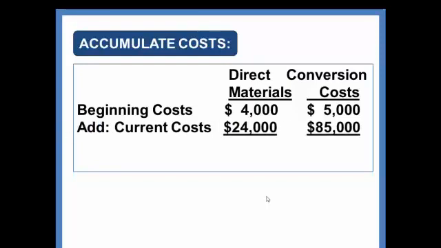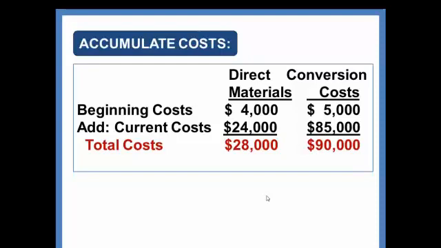We added $24,000 of direct materials, $34,000 of direct labor, and $51,000 of overhead. So the $85,000 of conversion cost is made up of $34,000 of labor and $51,000 of overhead applied. Now we have our numerator. The total cost of materials is $28,000. The conversion cost is $90,000, so we can compute the cost per equivalent unit.